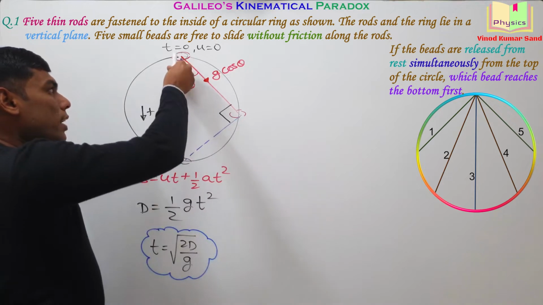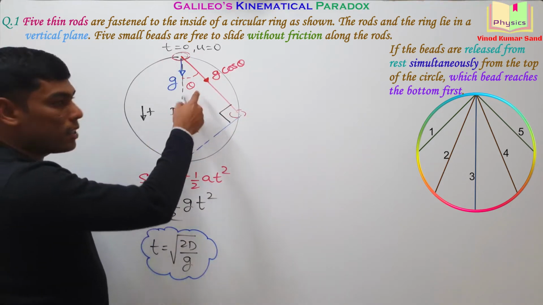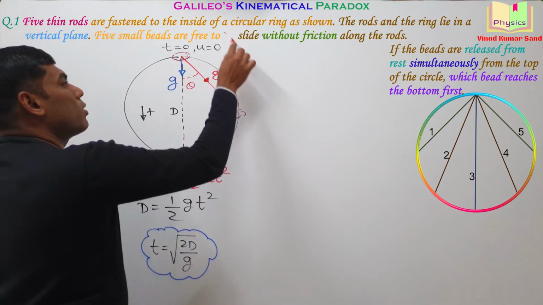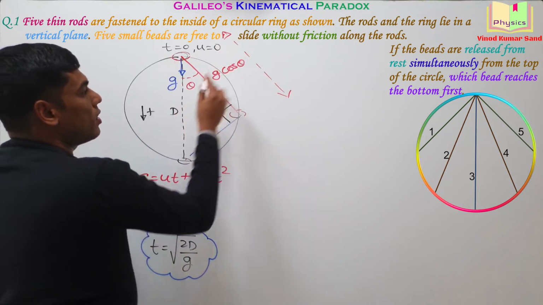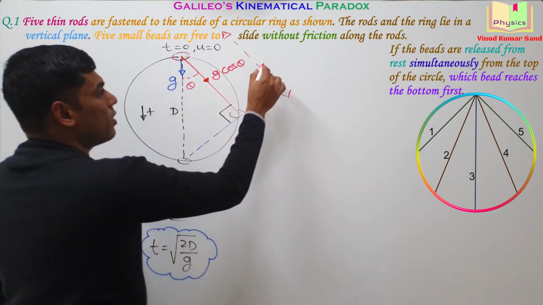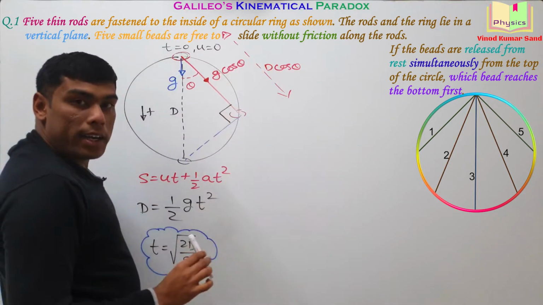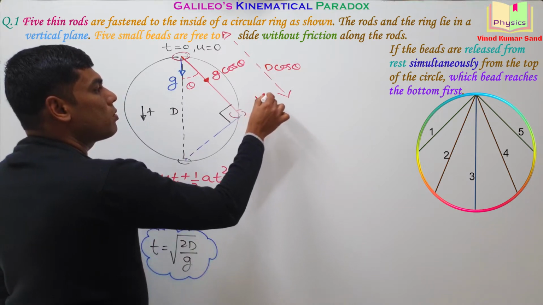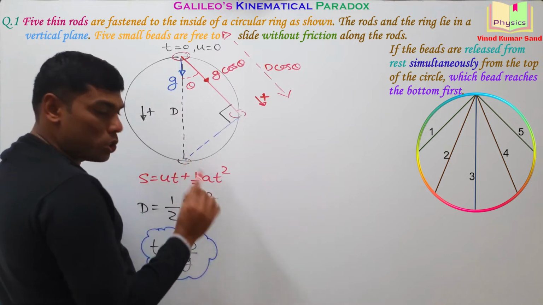Now we can eventually find this red distance also in terms of d and theta. This red distance will be equal to d cos theta. Check it: d cos theta. Now for the red bead, I am choosing this direction to be positive, and again using the second equation of motion.